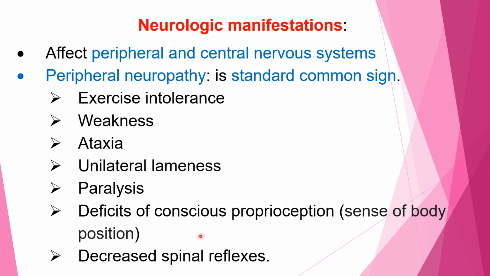That means there is defective posture, either walking or resting or running. Clear-cut decreased spinal reflexes. These are due to affection of the peripheral nervous system, that is due to peripheral neuropathy.